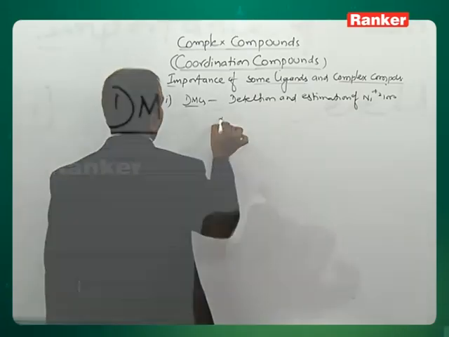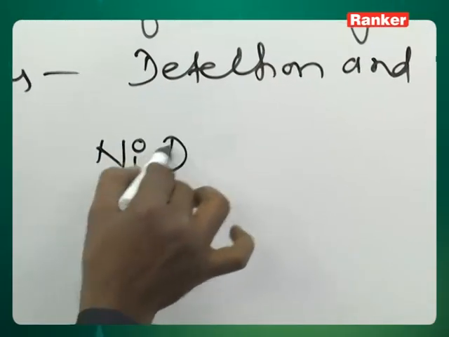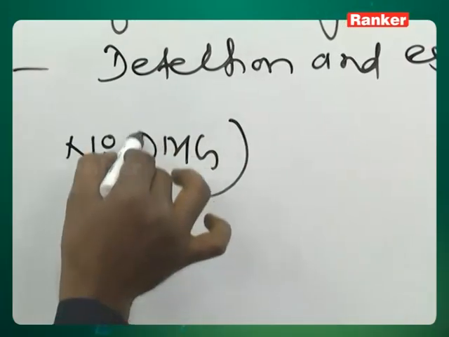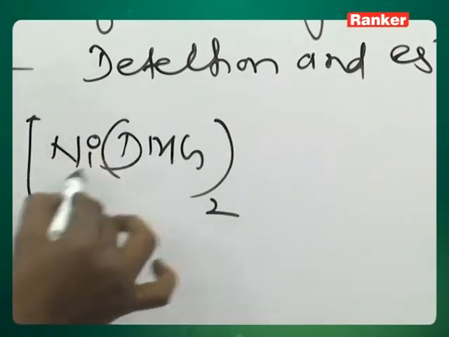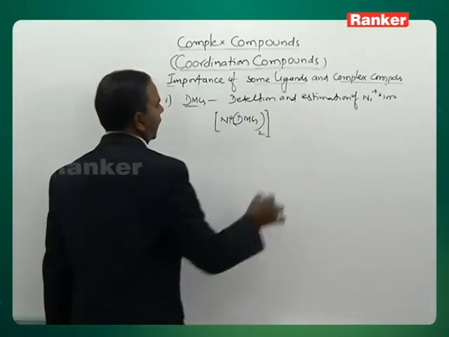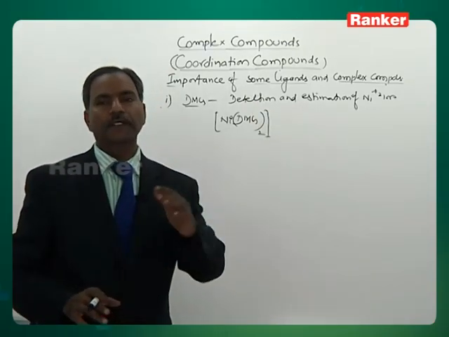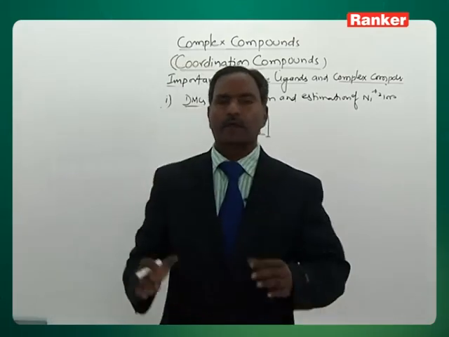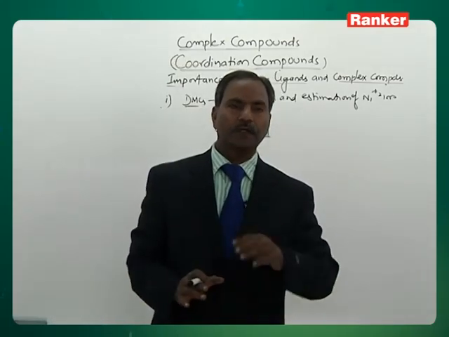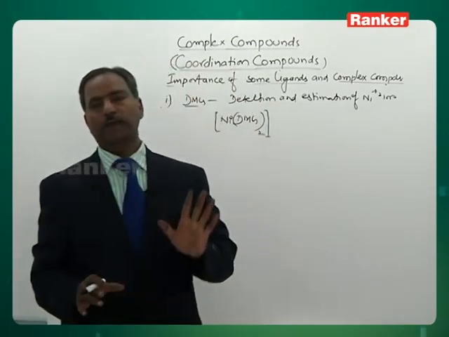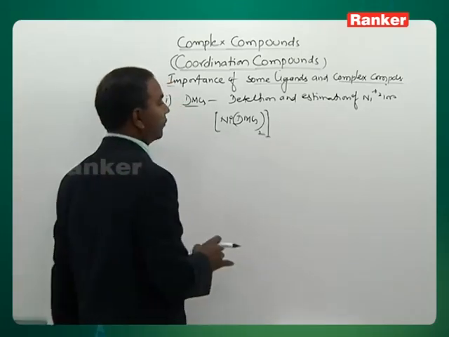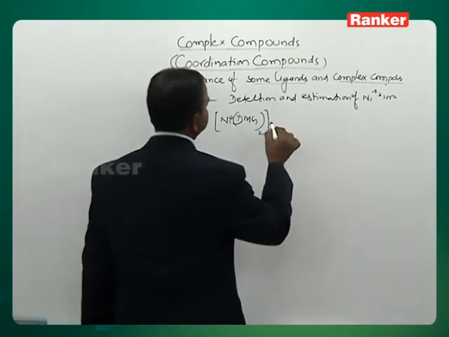A nickel salt is converted into a nickel DMG complex. Many times questions appear on this: what is the hybridization of this complex, what is the geometry, what is the color? You have to remember that. So the DMG ligand and the complex are very, very important.